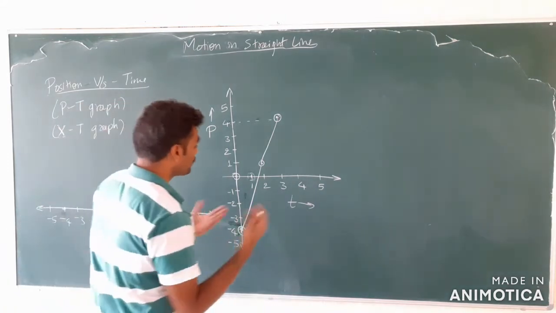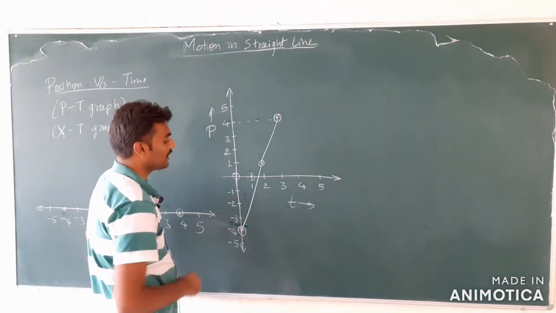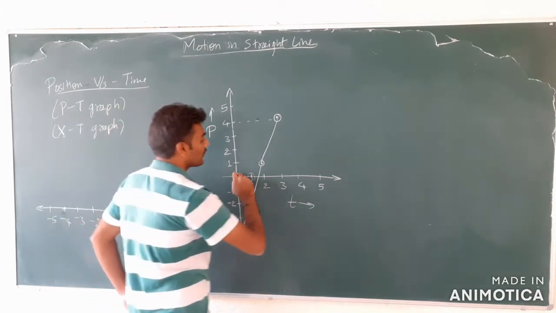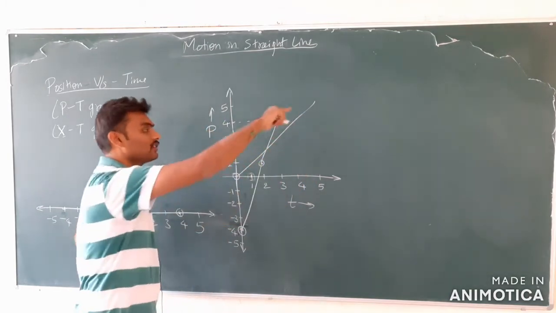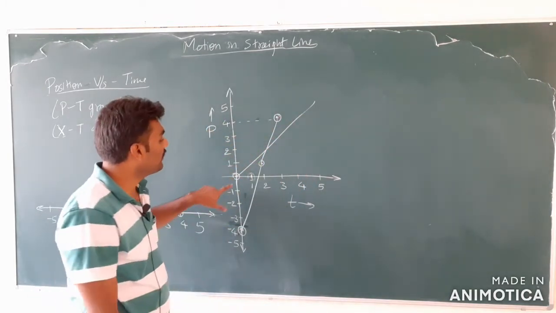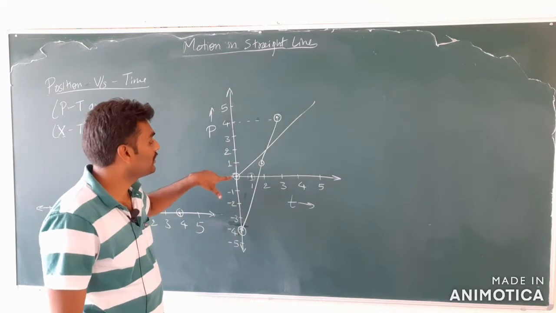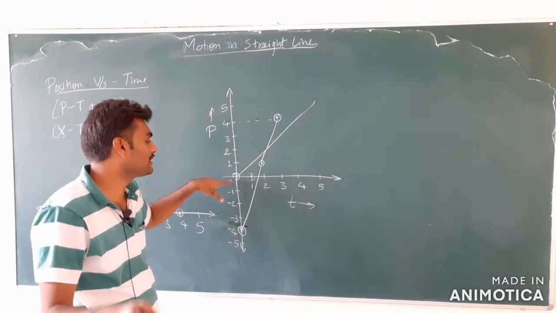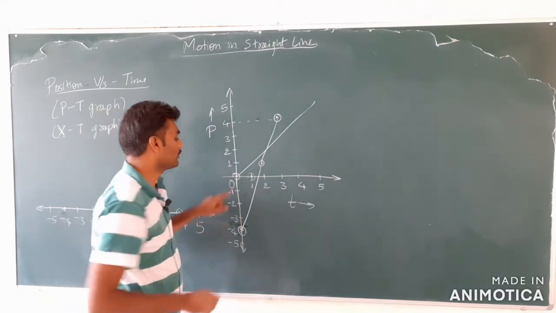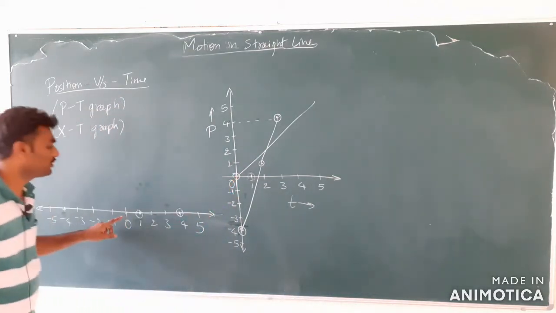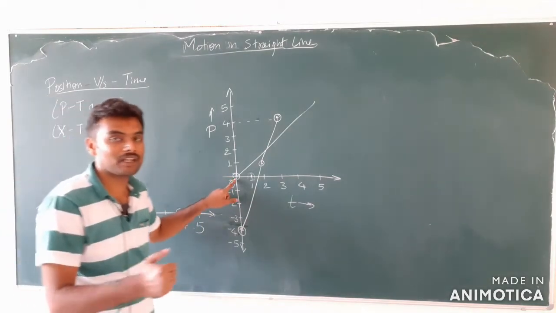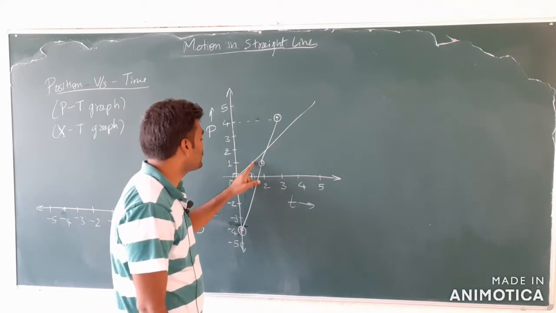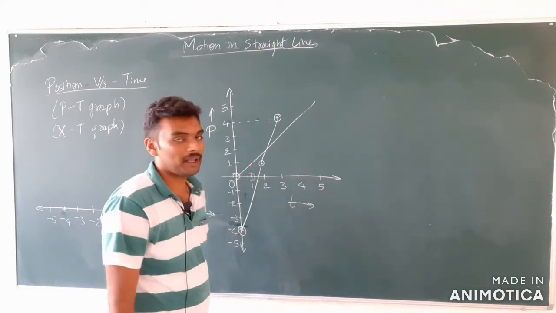There are applications, uses of this PT graph. Say now you have a line starting from the origin, like this. This is also a PT graph, where the body was at rest at position 0 when the motion just began, and afterwards from 0 the position starts to change with respect to time.